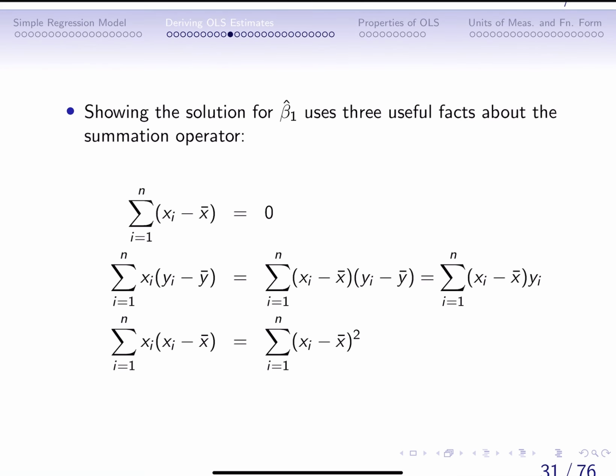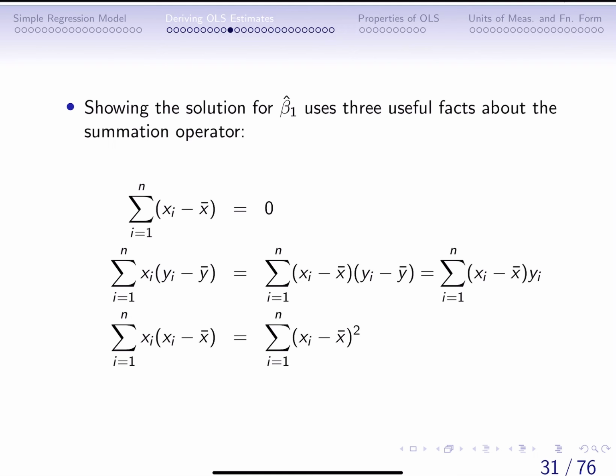Now, there are different ways of using the formula for beta 1 hat to get to different algebraic expressions. The first one is easy to prove.